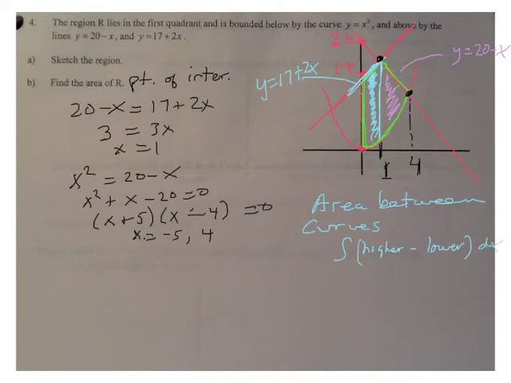So in our first region, our integral is going to go from 0 up to 1. The higher function is the one with the higher y values. So that's the 17 plus 2x, and then the lower boundary is the x squared.